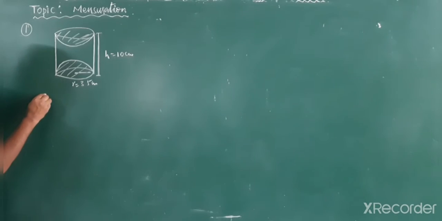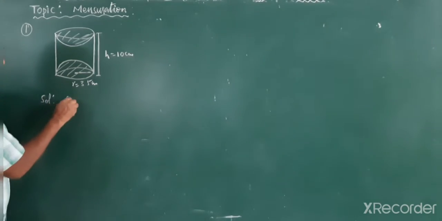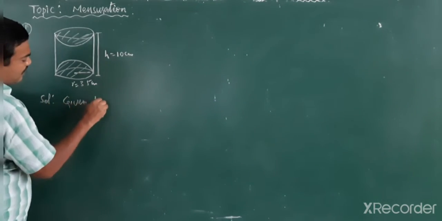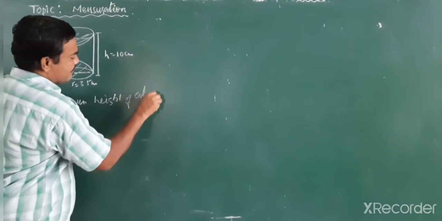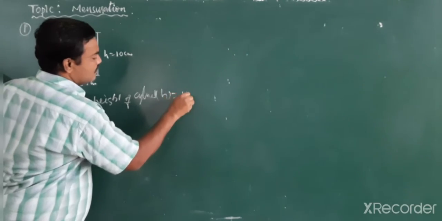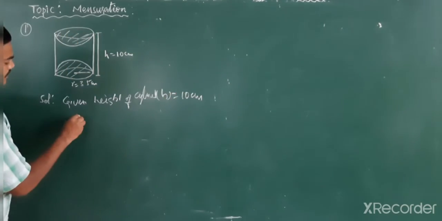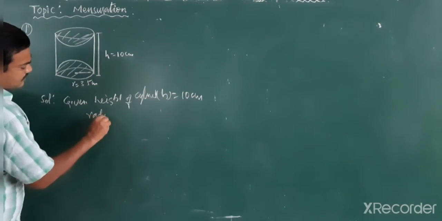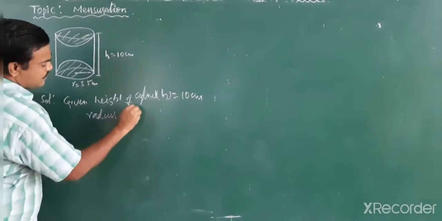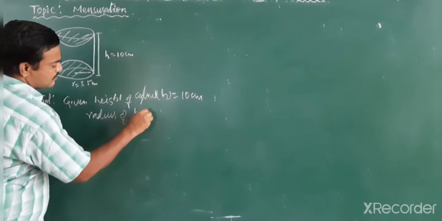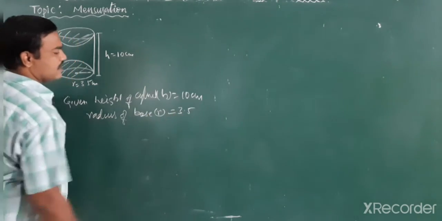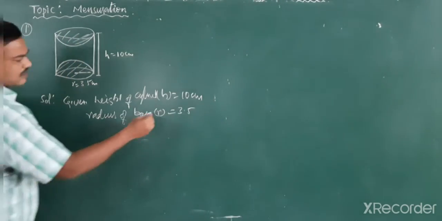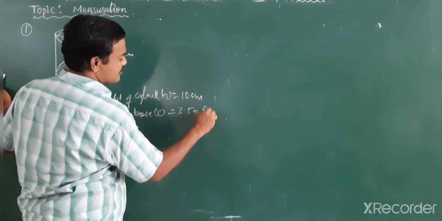So given: height of the cylinder H is equal to 10 centimeters. Next, the radius of the base r is equal to 3.5 centimeters, and it is equal to the radius of the hemisphere also.